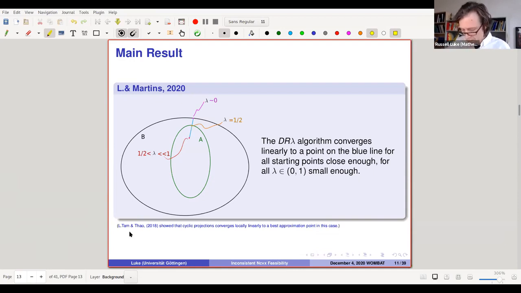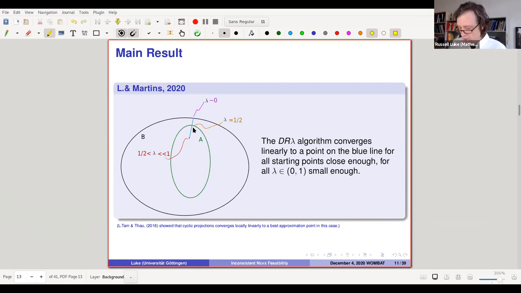By the way, together with Matt and Tao, we were able to prove that alternating projections converges locally linearly to this yellow point there. But if you think about all the theory that you know, most people everywhere on planet Earth, you would say there's no convexity here.